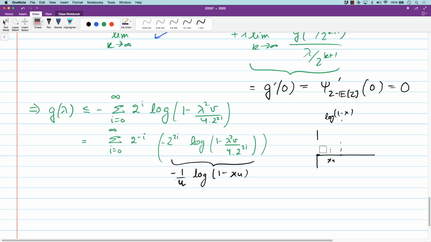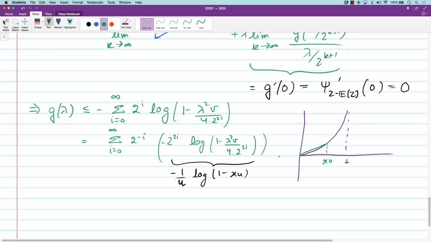We plot this function. I just want to notice a very simple inequality about this function. I take two points, this point here, xu, and draw this chord. It lies above the function because, as you can see and verify, this is a convex function.